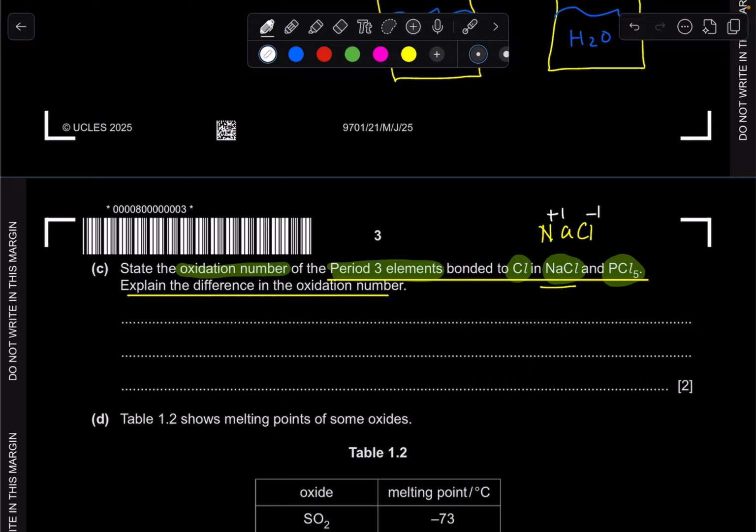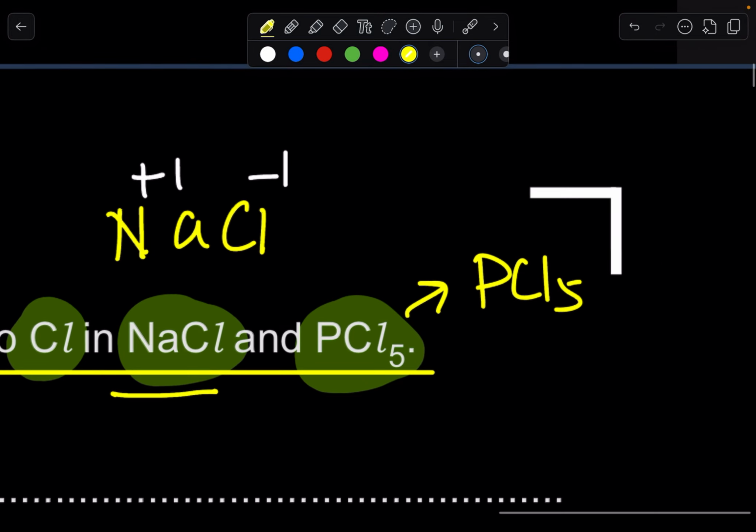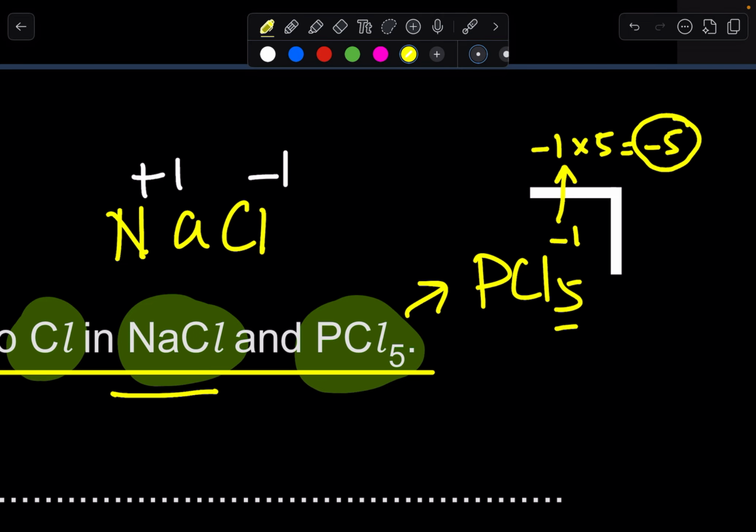And in PCl5, you can see for yourself that since chlorine is more electronegative than phosphorus, chlorine is going to be a negative 1, and when you have 5 chlorine, you multiply negative 1 times 5 and you get a negative 5 on chlorine, and to balance out this negative 5, there's going to be a positive 5 on phosphorus.